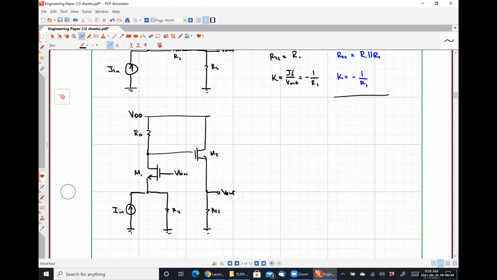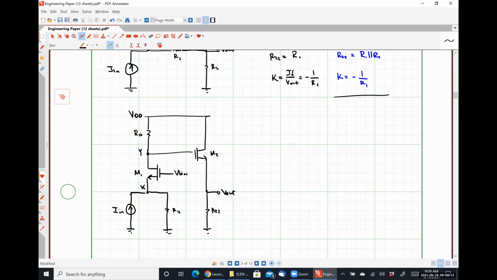So just like we did on Monday, I'm going to split this guy up into effectively 3 stages. Our first stage converts our input current into a voltage, which is going to be applied at the source of transistor M1. Our next stage is effectively just this common gate amplifier that generates the voltage that is used to bias transistor M2.